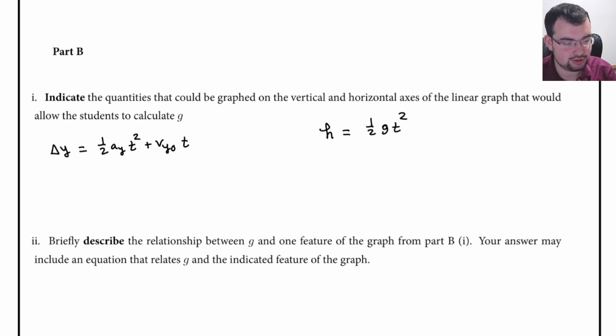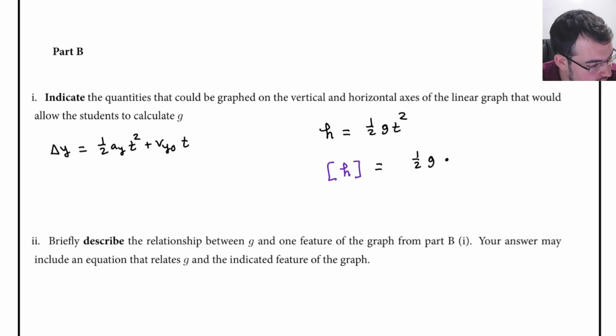Because our acceleration would be g down, and we travel a distance h from no initial velocity. So that means that if we're graphing this, we measure data for h and t. So I can put h in a box, and I can put 1/2 g in front of t squared.